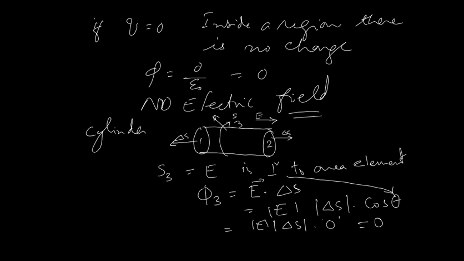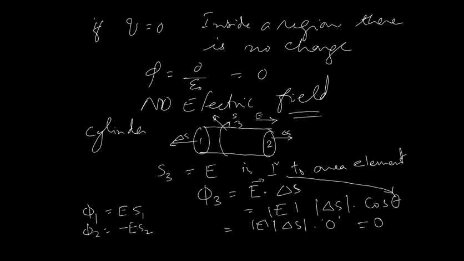This will be anti-parallel to that. Therefore, flux phi 1 equal to E multiplied by S1. Phi 2 will be minus E multiplied by S2 because it is in the other direction. So these two obviously get cancelled out. Therefore phi 1 plus phi 2 plus phi 3 is 0.